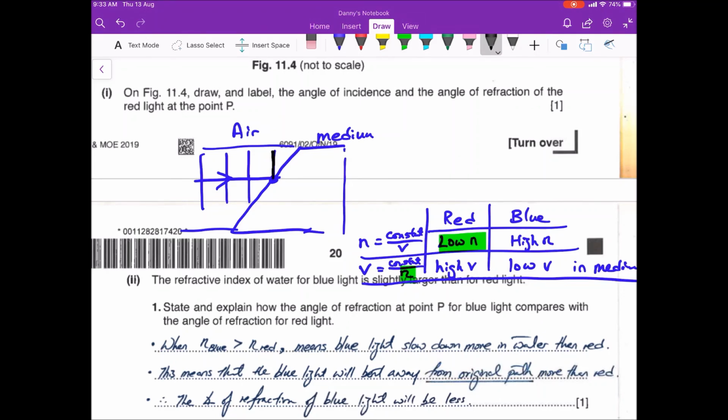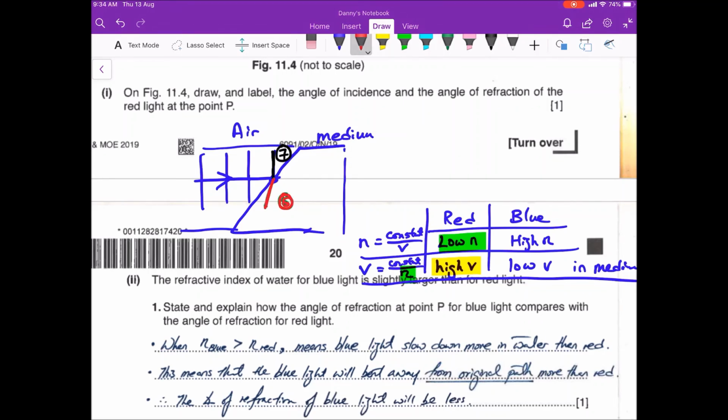So let's say this normal speed is 7. When it goes into the medium, if your light doesn't slow down that much, like your red light, it is still moving quite fast. Let's say it slows down to maybe a 5, then this part here will bend a bit like this, right? Correct? But maybe I use red.